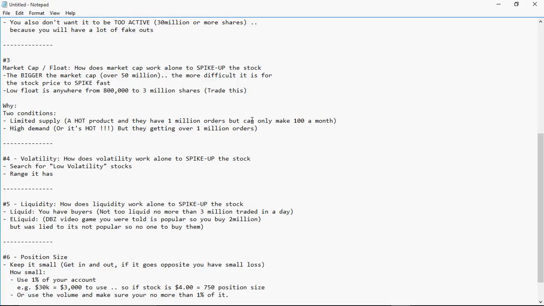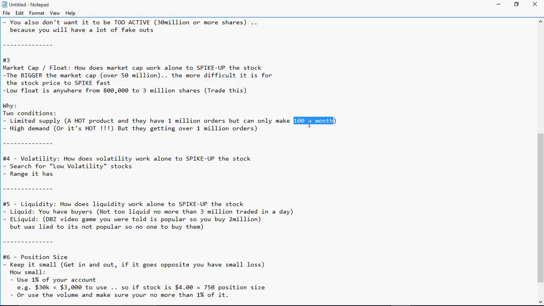But the manufacturing company can only make 100 of that product a month. It's too little. You have 1 million orders, and you could only make 100 a month.